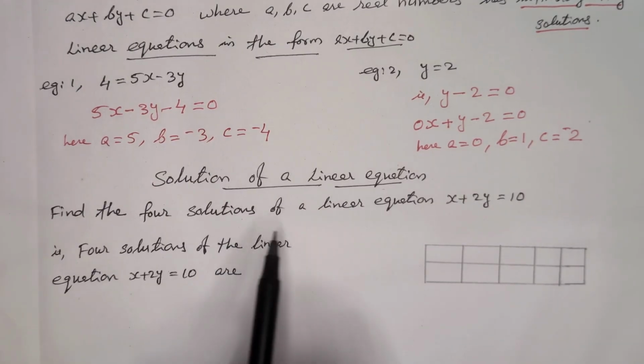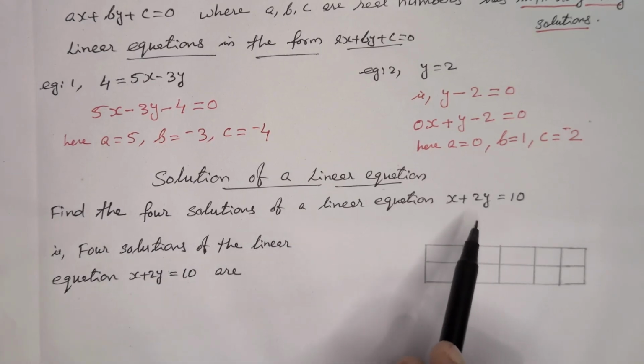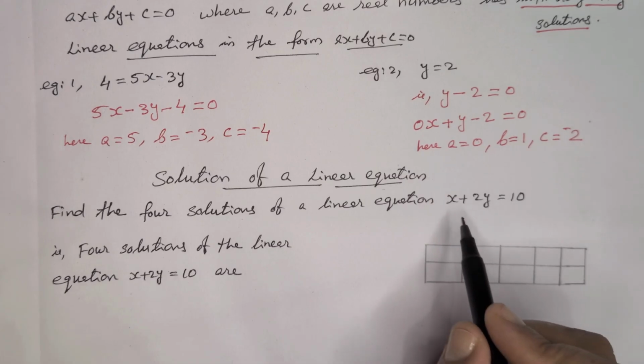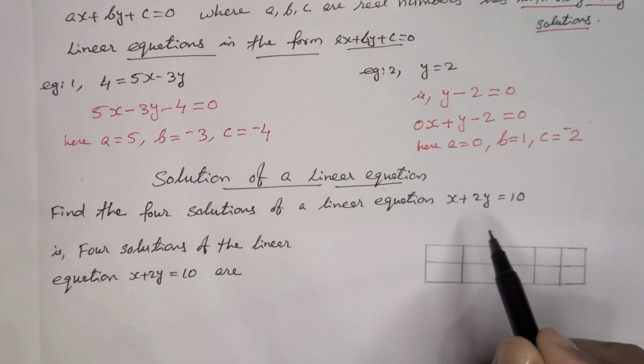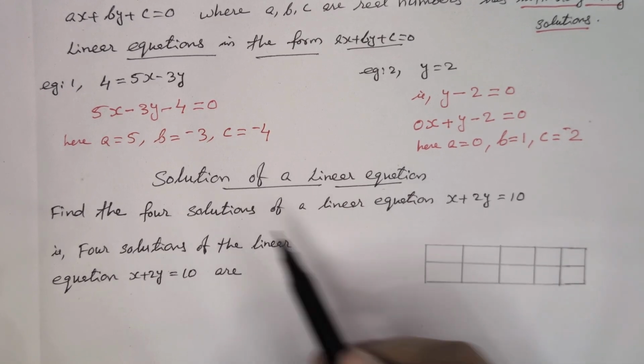Now the solution of a linear equation. Find four solutions of the linear equation x plus 2y is equal to 10. We know that linear equations have infinitely many solutions, so we just have to find any four solutions.